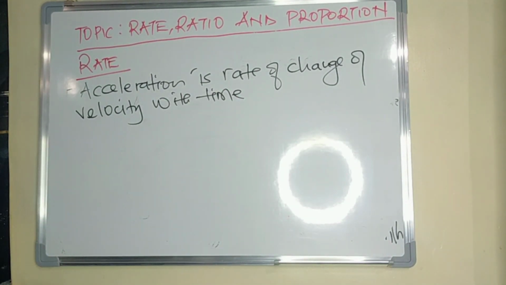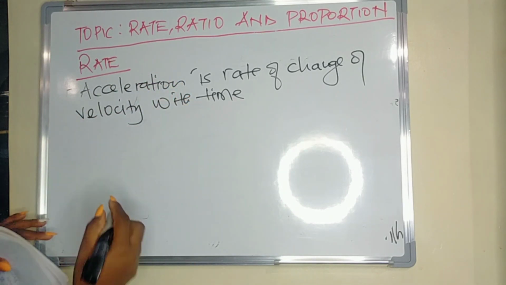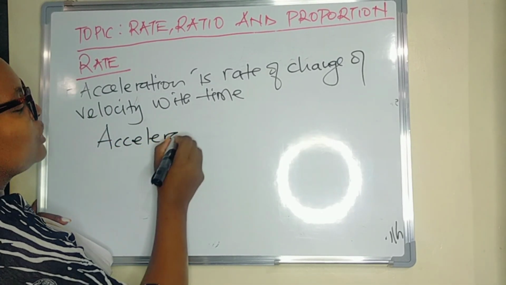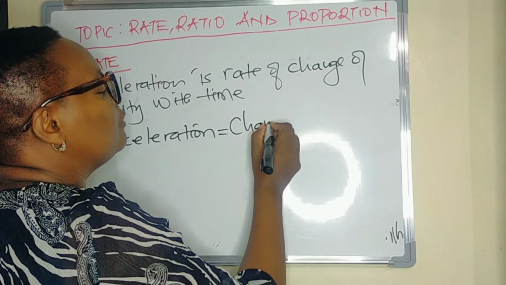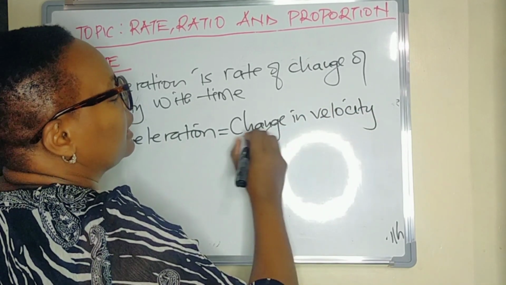Now, we've just said that at the beginning of a journey, or when you start a car, it will move slowly before it gains momentum, and at the end of it, it will slow down until it stops. So, acceleration is the rate of change of this velocity, and therefore, the formula of getting acceleration is equal to change in velocity over the time taken.